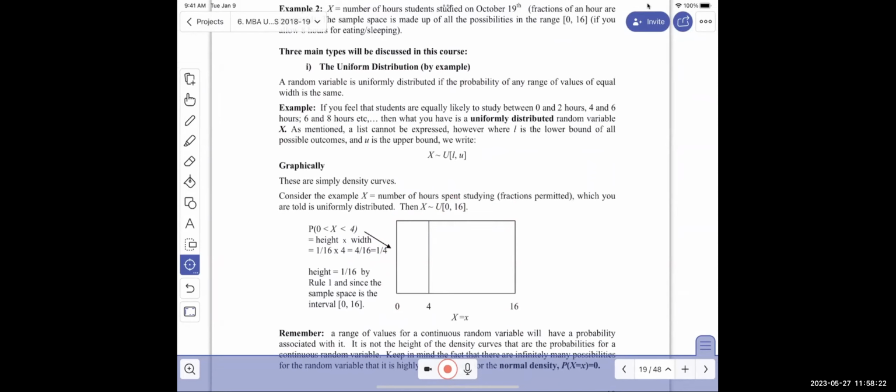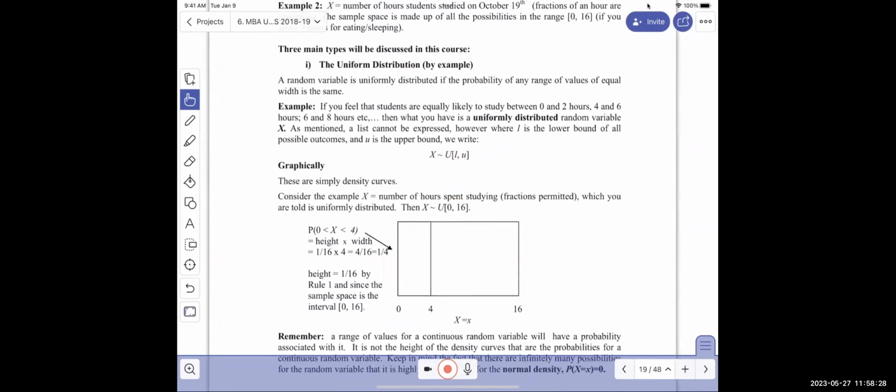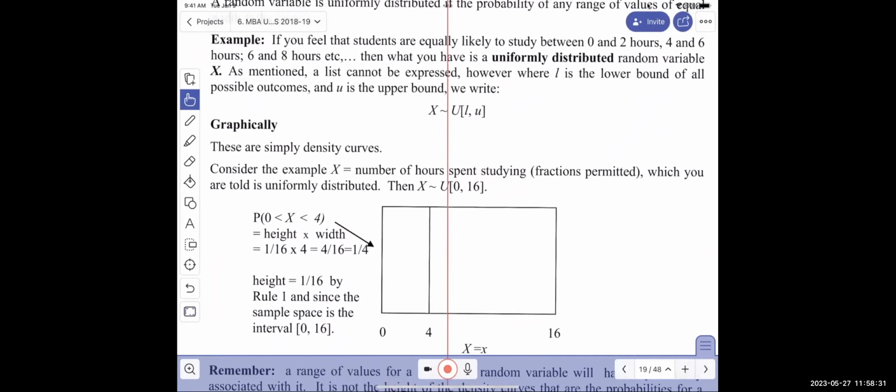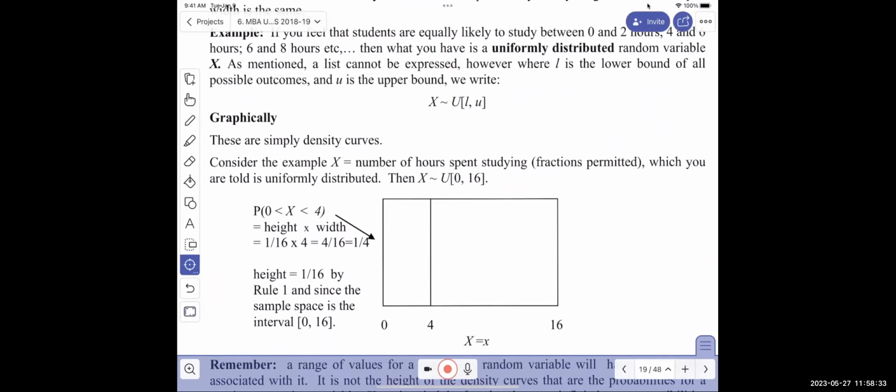So this is my studying example. I define it as uniform, and the parameters that describe this well enough that I can derive probabilities from it are the lower and the upper bound. In our case, it's going to be 0 and 16. With that information, I can derive probabilities.